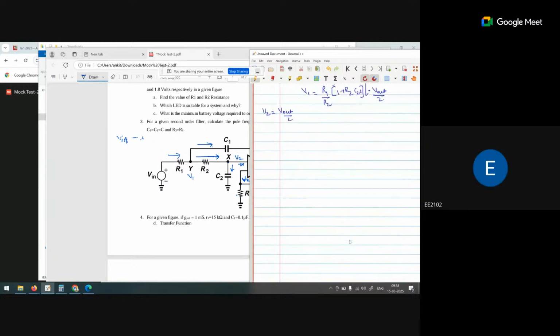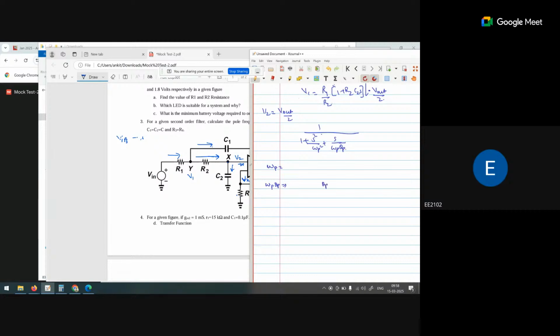Now you have to calculate the pole frequency, so you have to compare it with 1 upon 1 plus s square upon omega p square plus s upon omega p Q p. So the value of omega p you will find out. Again, Q p you will find out.